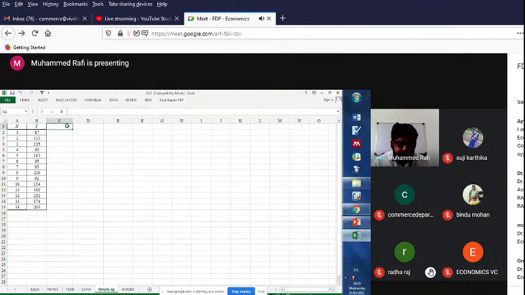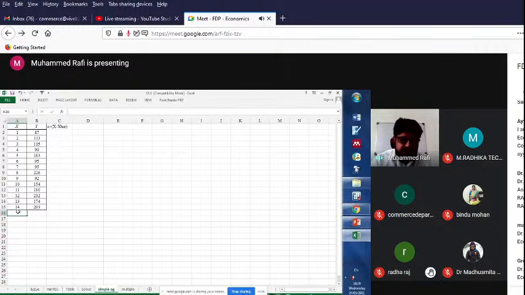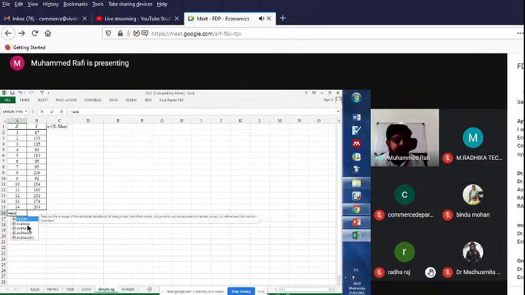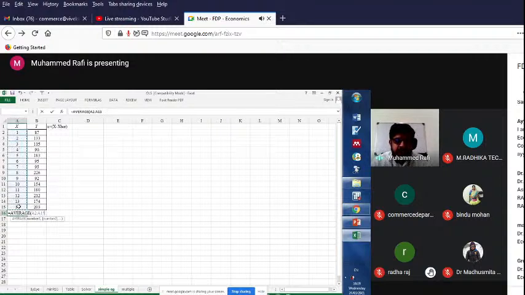So what we need to find out first is small x, which is equal to x minus x bar. x bar is the average value of x. So we find out the average of this and take the deviation.